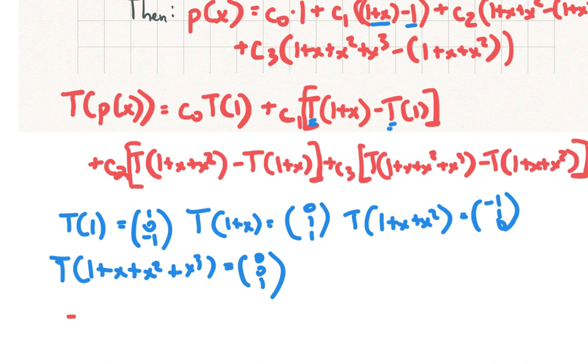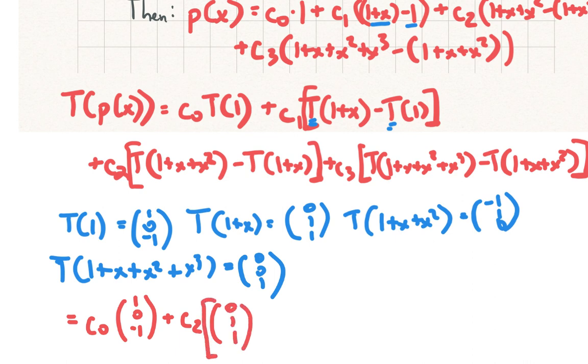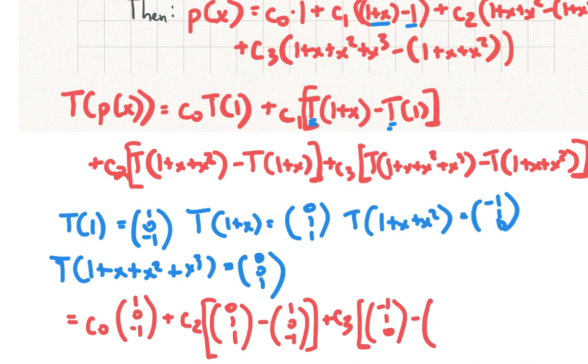So we'll go back to the red pen here. This is going to be C0 times T of 1, which we know is 1, 0, negative 1, plus C1 times (T of 1 plus x, which is 0, 1, 1, minus 1, which is 1, 0, minus 1), plus C2 times (T of 1 plus x squared, which is negative 1, 1, 0, minus T of 1 plus x, which is 0, 1, 1).